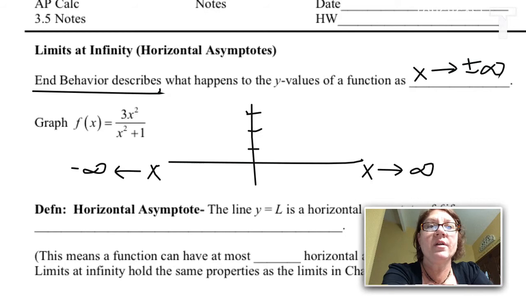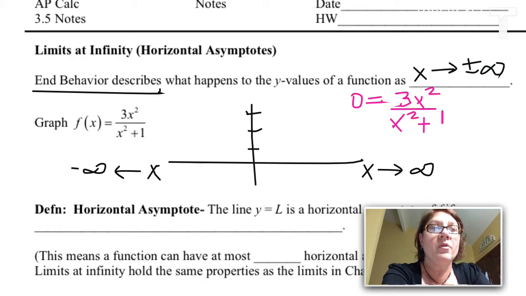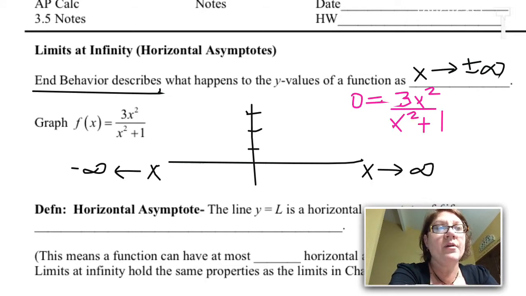So if I was graphing this, of course, I'd want to know where the x-intercepts were, and I can find that by setting y equal to 0, and of course solving. But if y is 0, really I only need to look at the numerator, because the denominator will poof if I cross multiply or multiply both sides by the denominator.